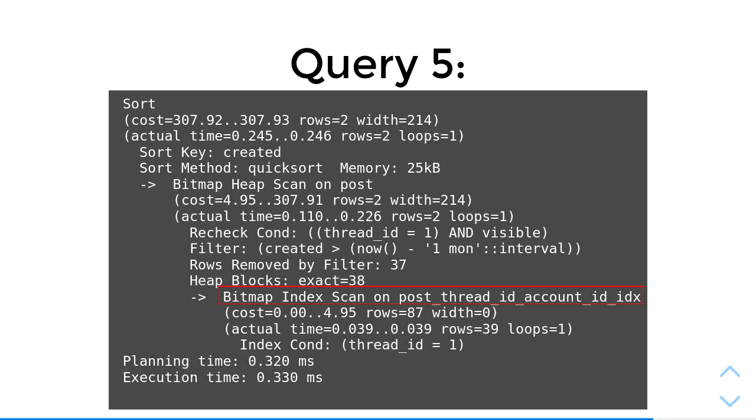It can now filter the extra 37 rows out, but it's only going across 87 rows instead of 100,000. And our result is 33 milliseconds comes down to 0.33 milliseconds, a 100 times improvement. We've gone from a cost of 5,100 down to a cost of 307.